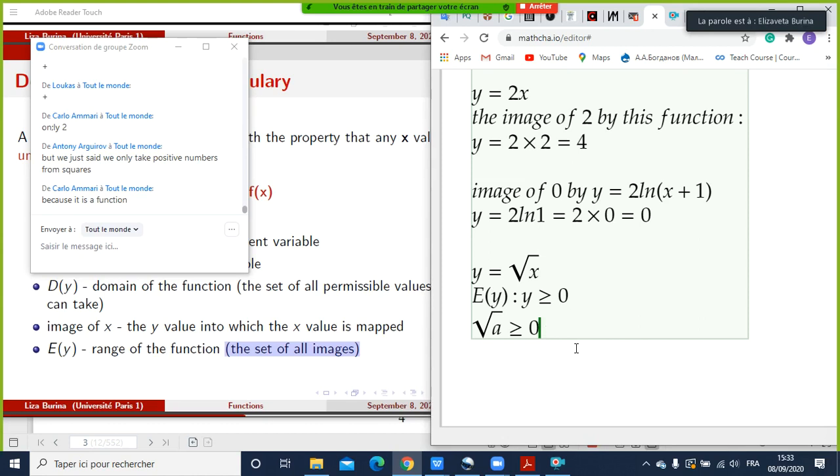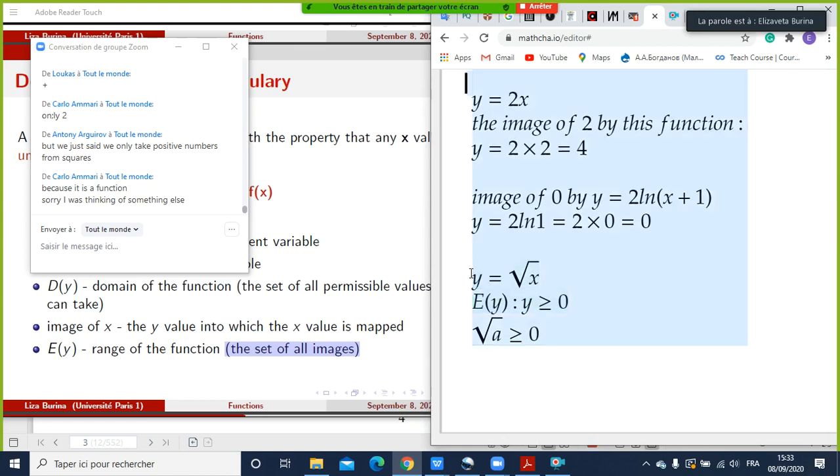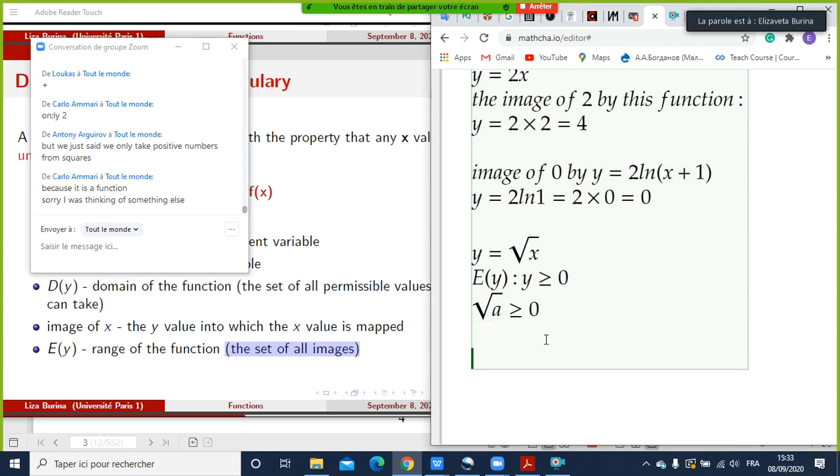I hate these confusing moments because I really don't see your reaction. So the answer here is this. So y can only be something non-negative. And we consider square roots as non-negative functions. I understand where the confusion can come from.